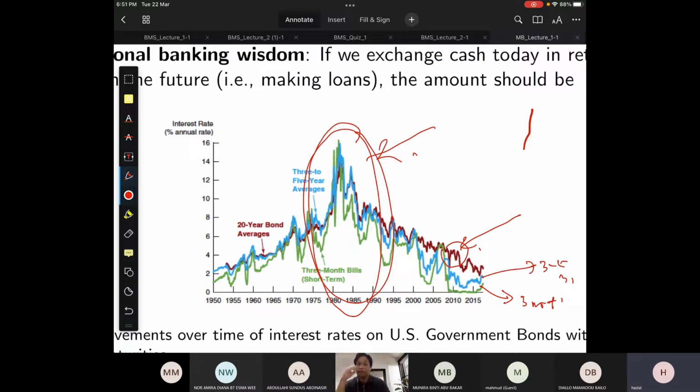During the crisis, people want to get more fast return. I don't want to put my money into a long-term investment when there is crisis, because it's too risky. So people are demanding short-term financial instruments like these 3 months T-bills.